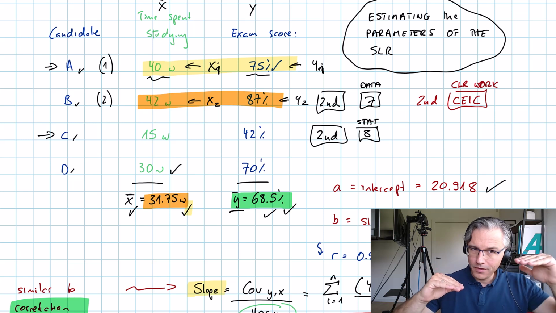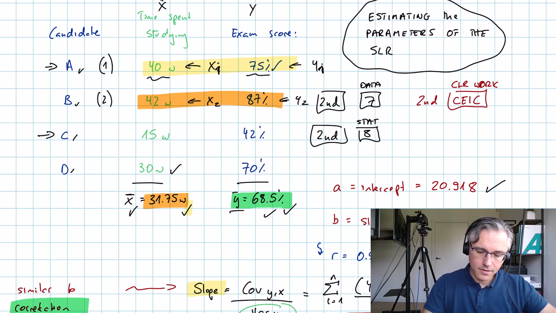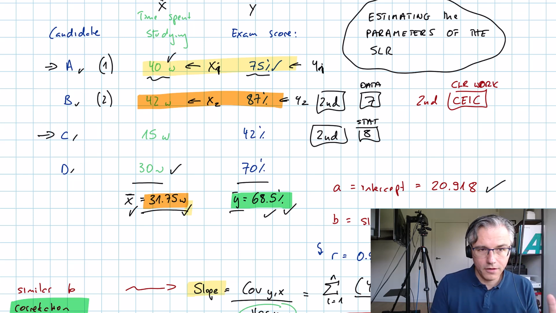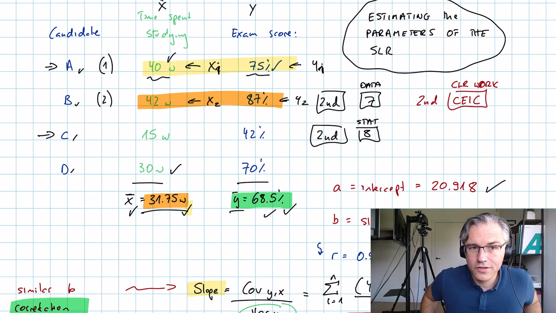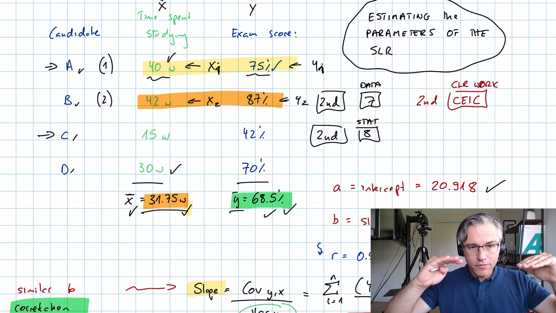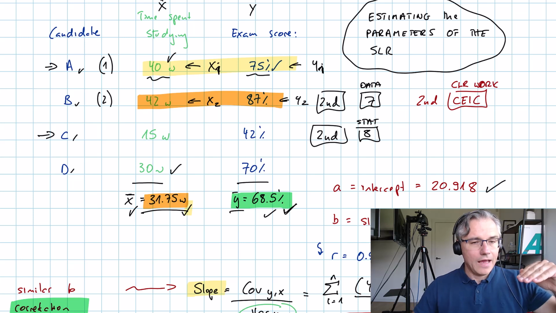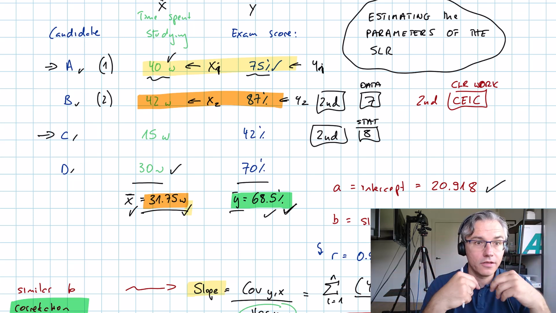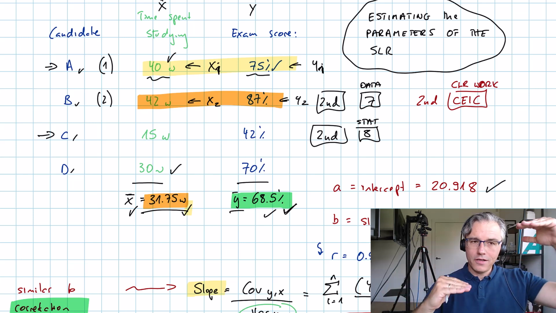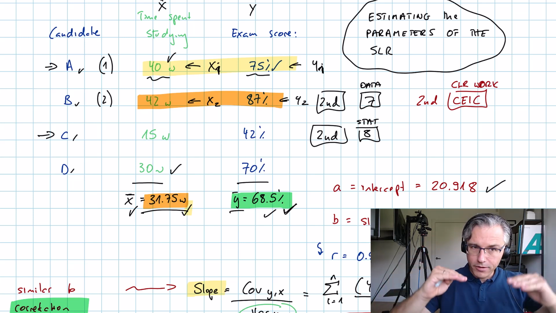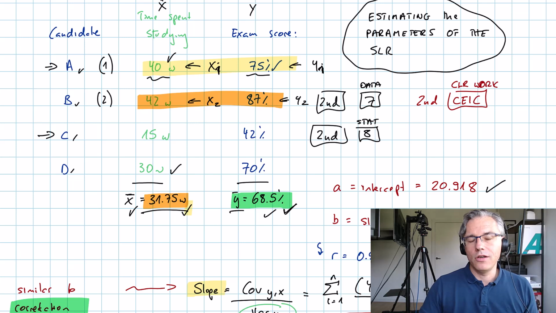If one is above its mean, like X over here, 40 weeks studied, being above the mean value for time studied, and the exam score also being above the average, the mean, you're going to get a positive element in the covariance computation. However, if there's discrepancy, one is above, the other is below, or one is below, the other is above, you'll get a negative sign. If both are below, you'll get positive sign.